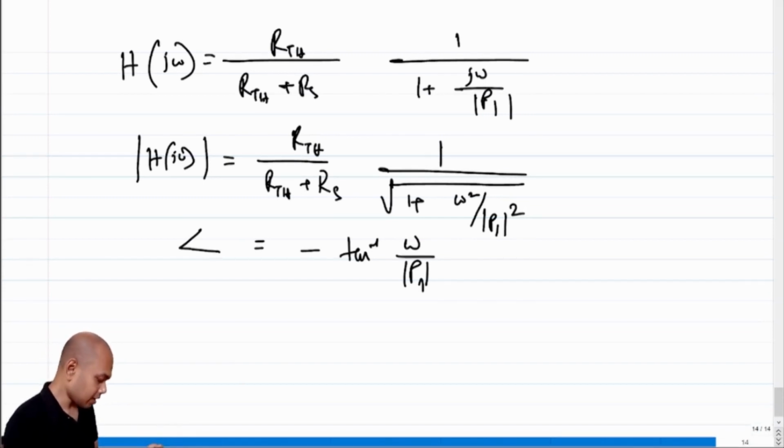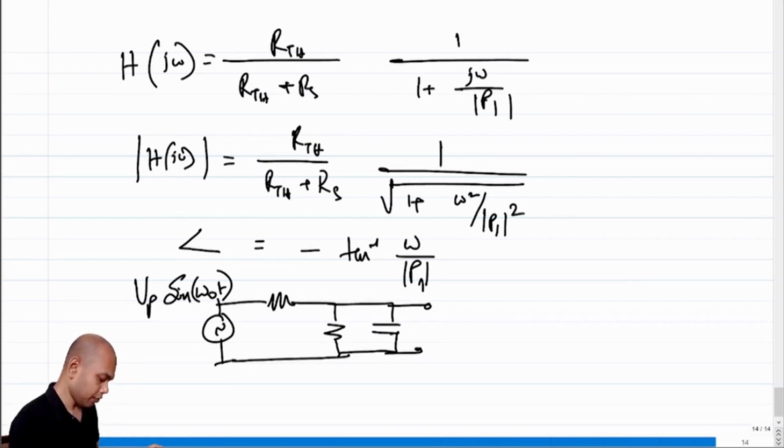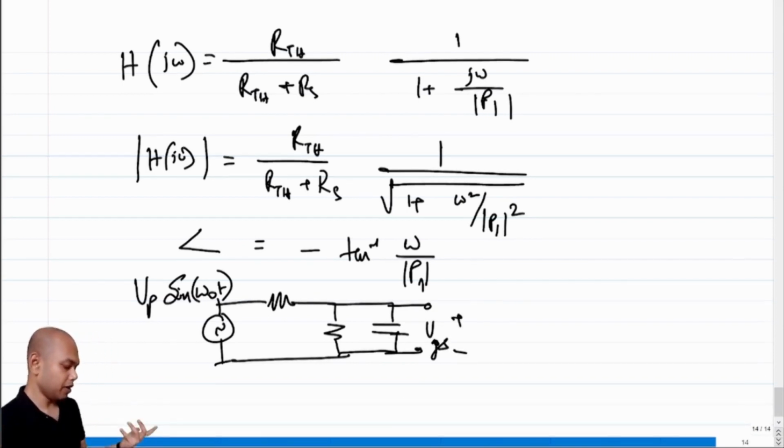This implies that if I apply an input of Vp sine omega naught t, where I am observing the output VGS, what will be VGS?